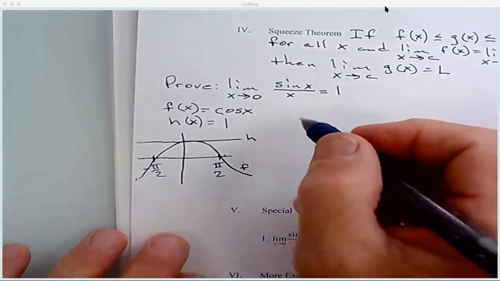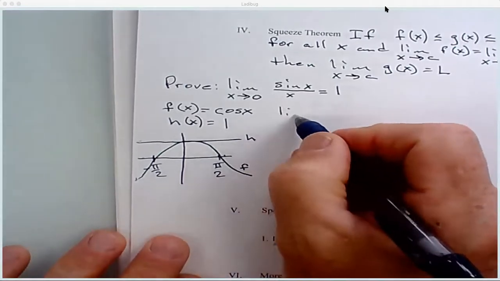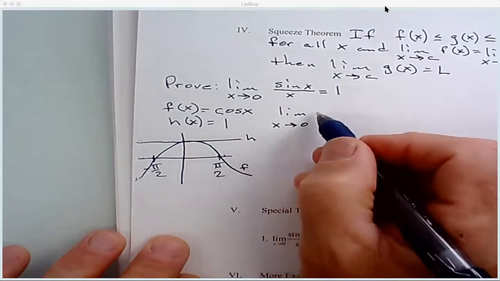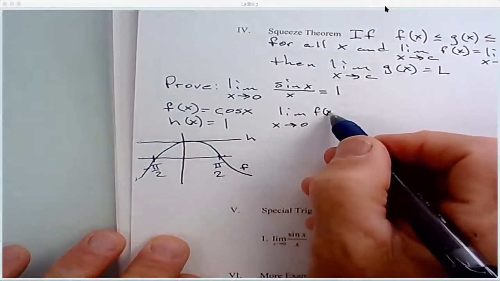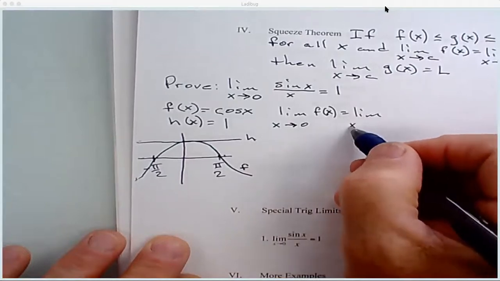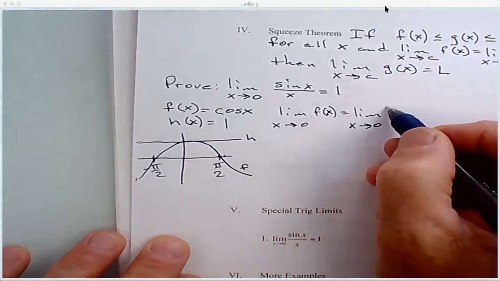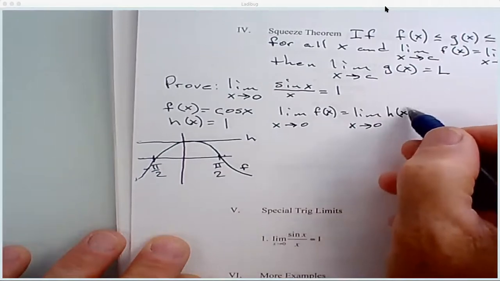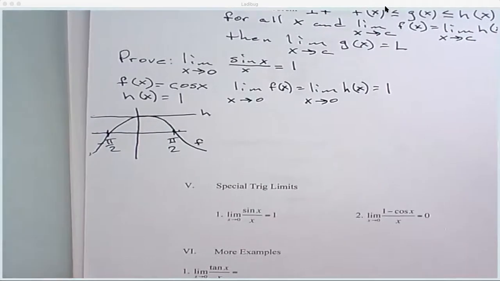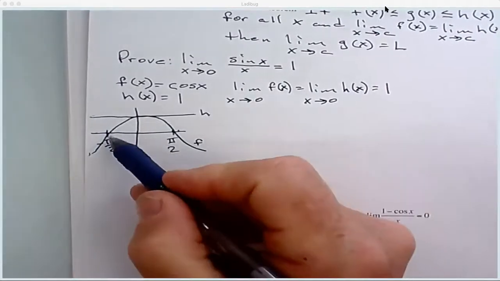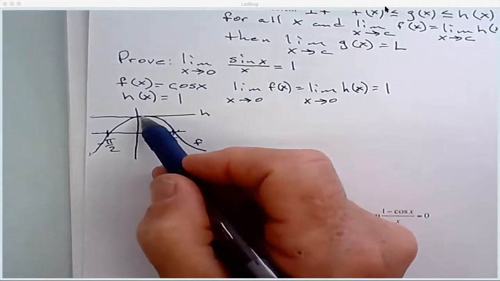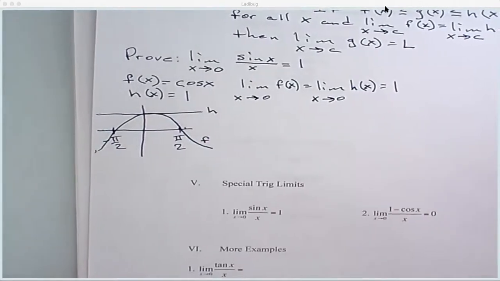So I know the limit as x approaches 0 of f of x equals the limit as x approaches 0 of h of x, and that number is 1. Because as you head this way, you're headed towards 1. As you're headed this way, you're headed towards 1, correct?